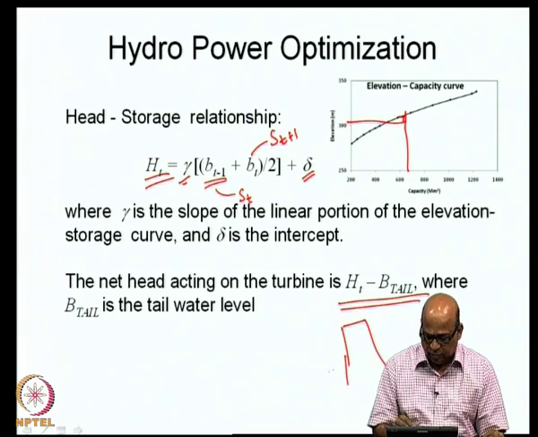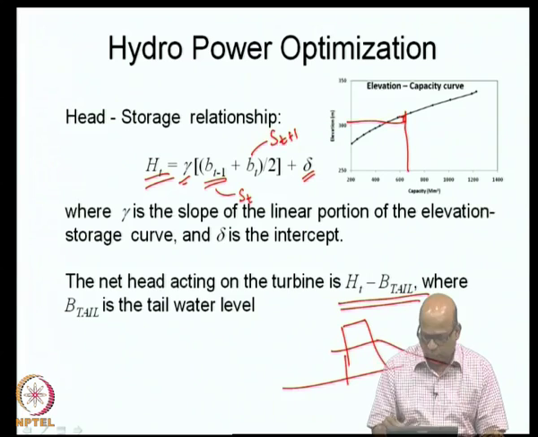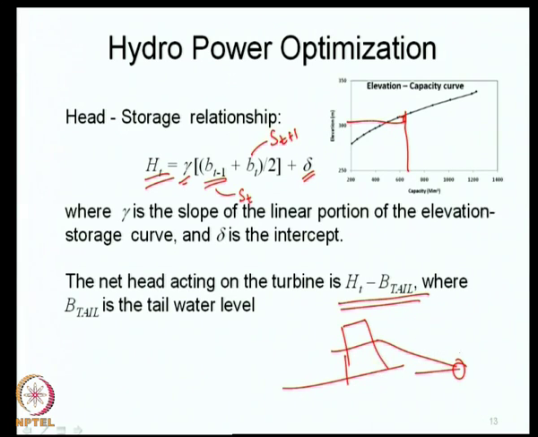Recall that you have the dam here and then you have penstocks, the turbine is here and then you may have a tailwater level here. And if your level is here, tailwater level is here, this becomes the net head.